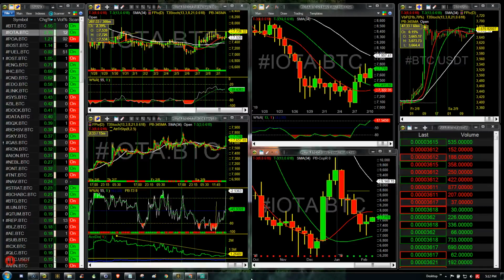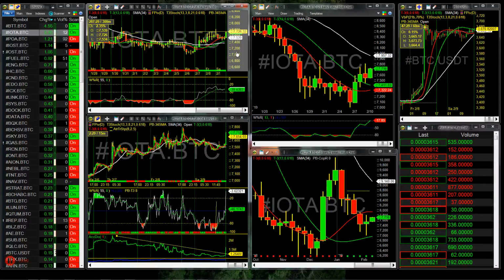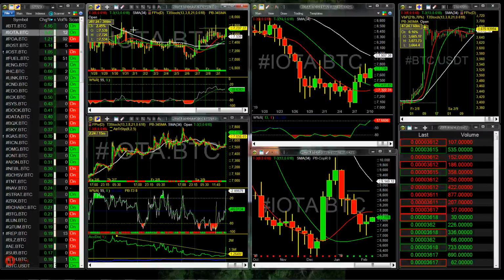Here comes IOTA across the previous highs, gaining momentum on the volume.